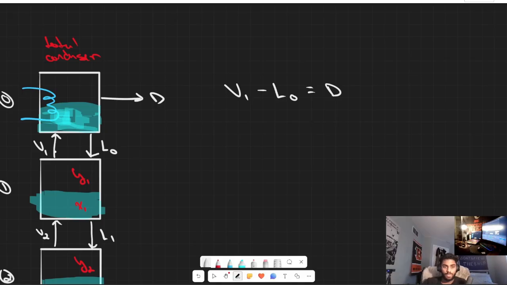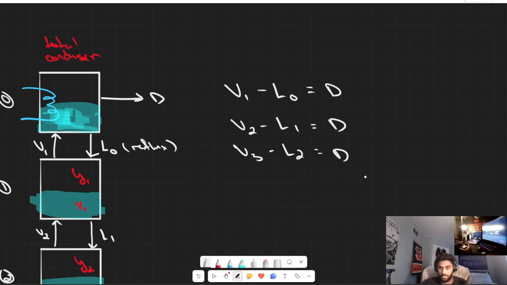V1 is our vapor, and L0 is the reflux, technically. Whatever is entering minus whatever is leaving is whatever exits as our distillate. So this can also be rewritten as V2 minus L1 equals our distillate. And then V3 minus L2 equals our distillate.